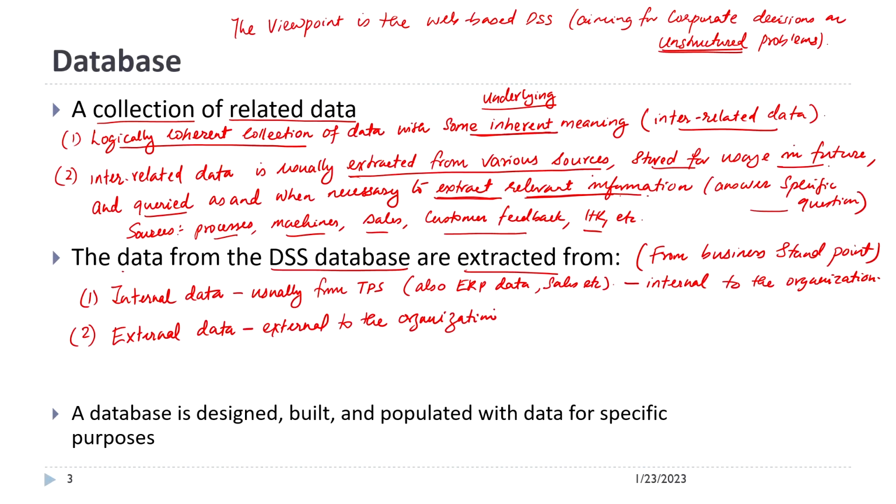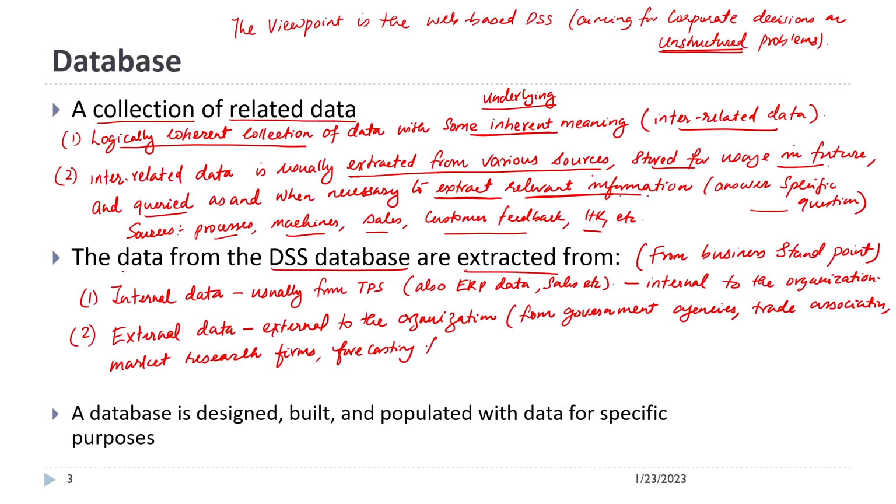So, from government agencies, trade associations, market research firms, forecasting firms, stock exchange, etc. Various external agencies, different types of government agencies, licensees, etc., are the various sources of external data.